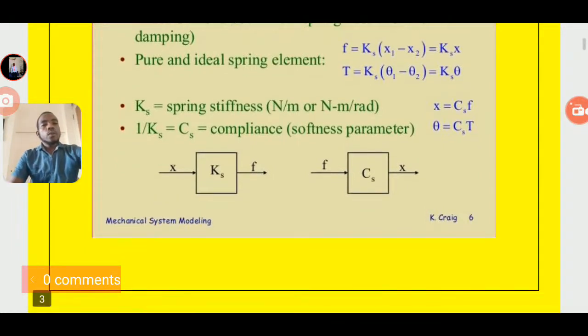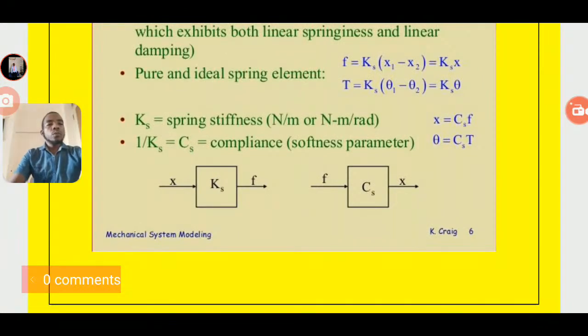Here x is equal to Cs of F. Cs is the compliance or the softness parameter. Theta is equal to Cs times T. So 1 by Ks is equal to Cs. Cs is the compliance or softness parameter.